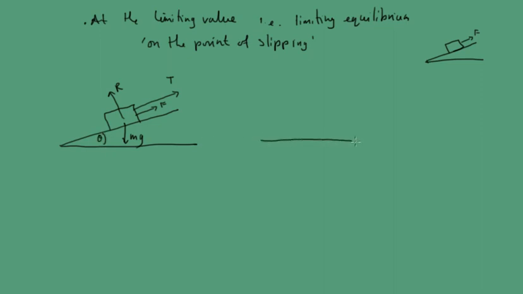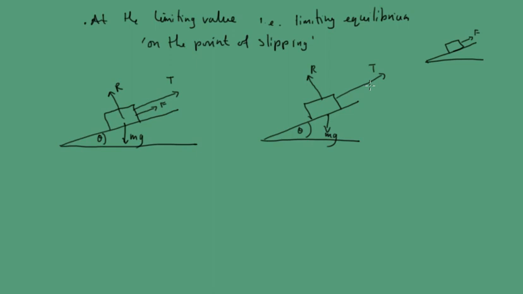Now, in the scenario where our car is still sitting on our slope, it's still got mg coming down, the weight of the car, it's still got our normal contact force, and we've still got our rope with some tension.